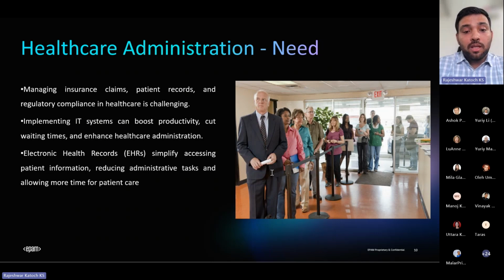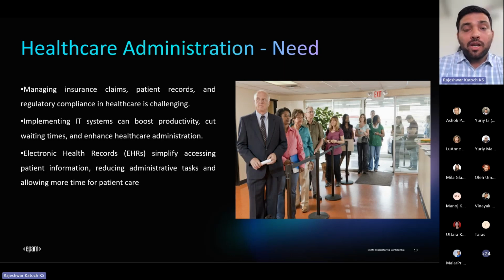This was one of the research findings done by the Institute of Medicine researchers. After this implementation, it reduced the amount of time people spent waiting for their needs to be addressed.